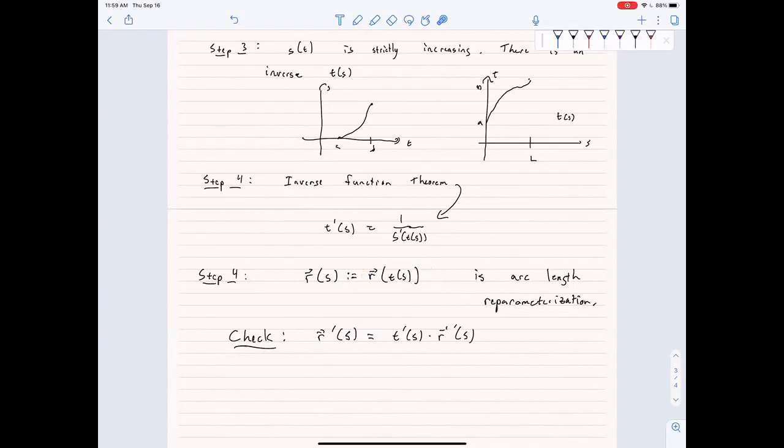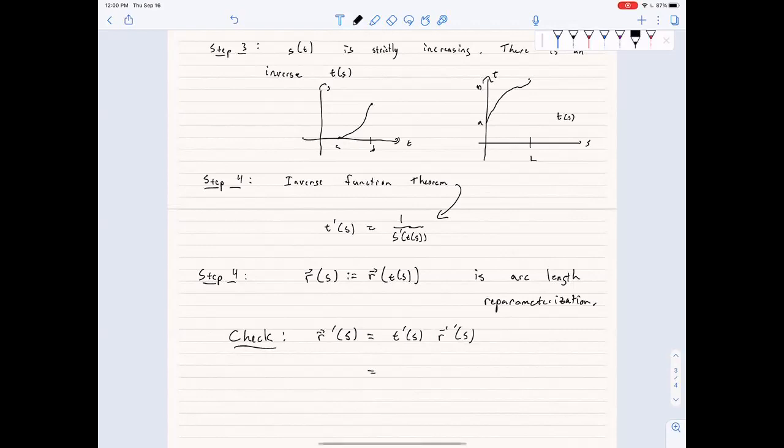Okay, and then it makes this look more sensible. So here, if you want, replace S with T of S in both of these cases. And then it looks like a chain rule. And this product is really just a scalar product. This is a vector, and this is a scalar.